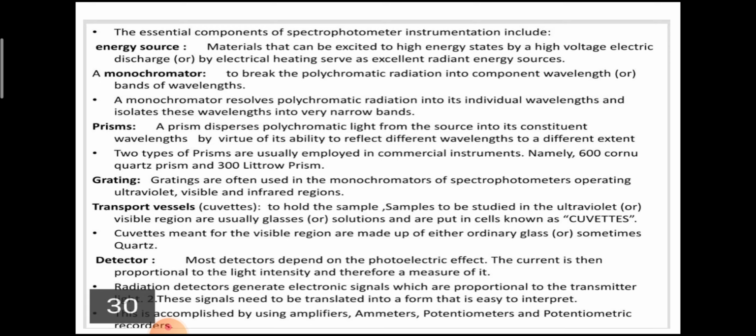If filters are used as a slit, that instrument is called a spectrophotometer. If monochromators are used in the apparatus, that instrument is called simply a photometer.